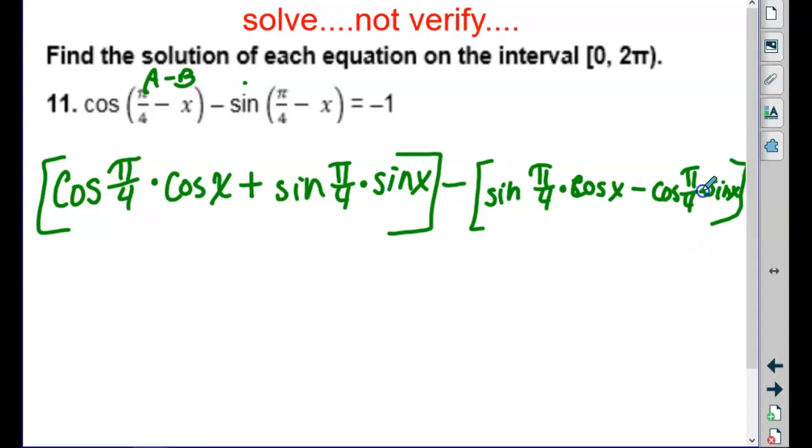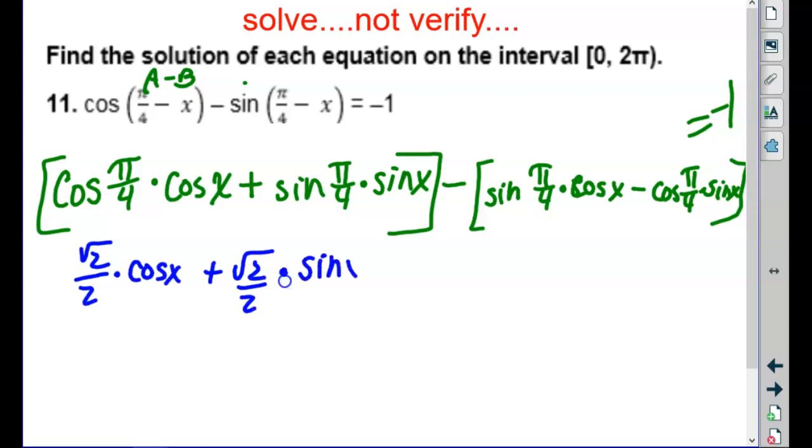And that's all supposed to equal -1, but I don't have room. Okay, we got some good news, because what are the sine and cosine at pi over 4? Yeah, square root of 2 over 2 times cosine of x, plus square root of 2 over 2 times sine of x.